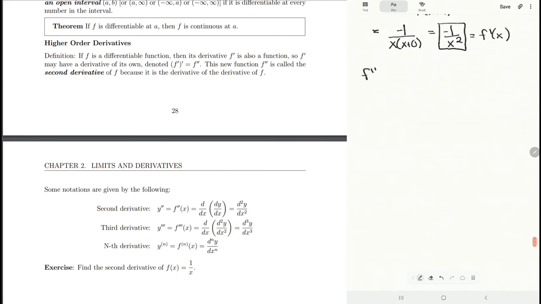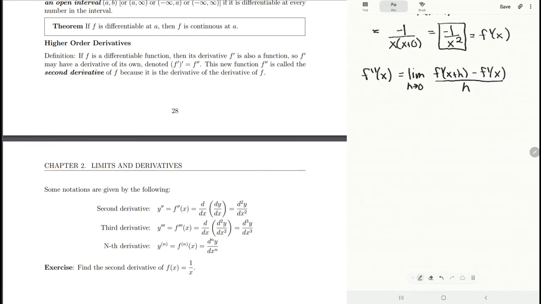So now to find the second derivative, we want to find the derivative of the first derivative. And so by definition, this is the limit as h goes to 0 of f prime of (x plus h) minus f prime of x, all divided by h.